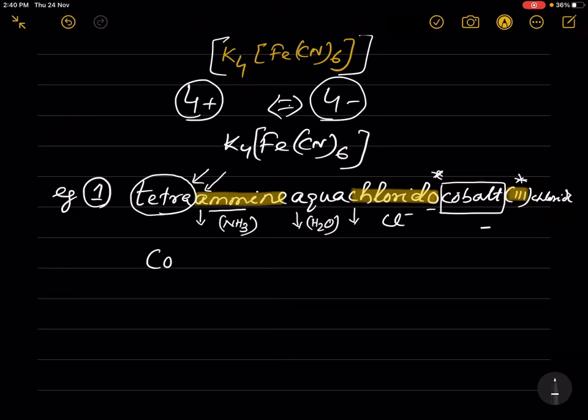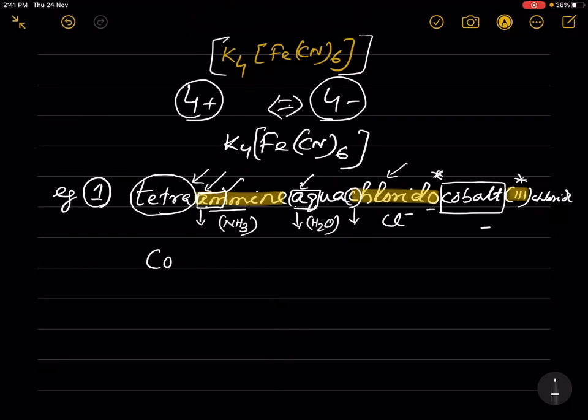A, then AM, then AQ. Between AM and AQ, AM comes first alphabetically. Then after A you will find C. In the formulae we write the ligands alphabetically.